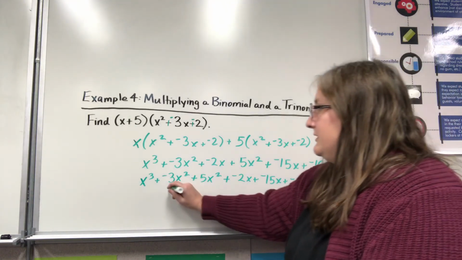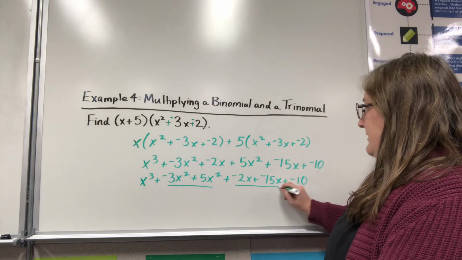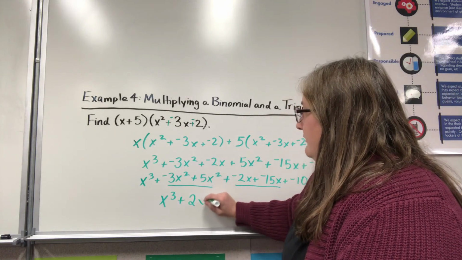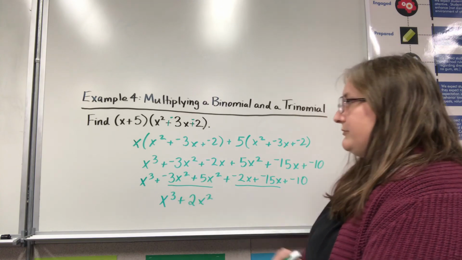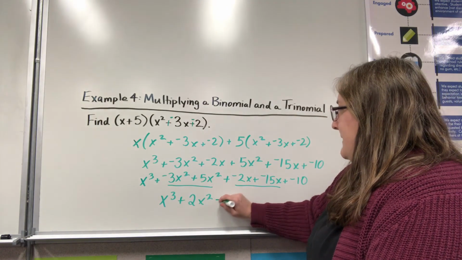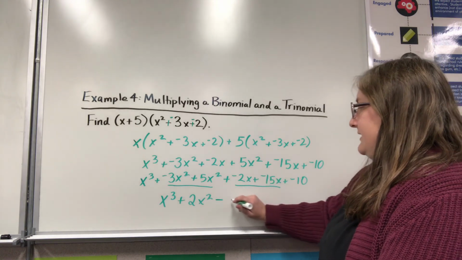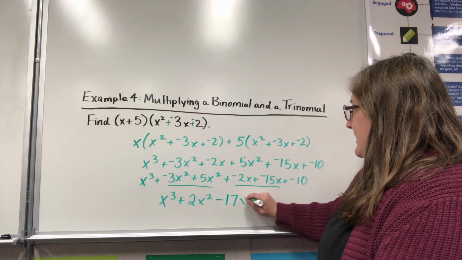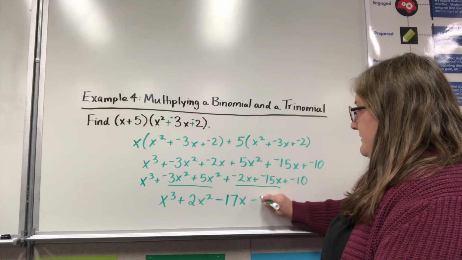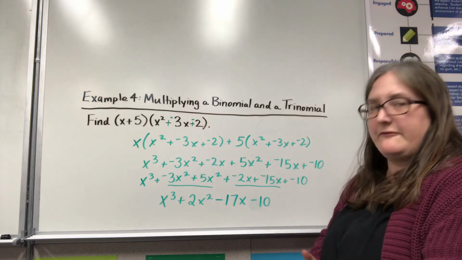This helps me see which ones I can combine here. So I'm going to have x to the third plus 2x squared, since negative 3x squared and 5x squared gives me positive 2x squared, minus 17x, since negative 2x and negative 15x is going to leave me with negative 17x, minus 10. And there is my final answer.